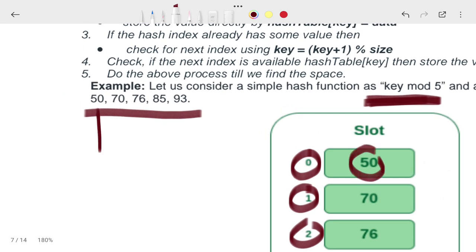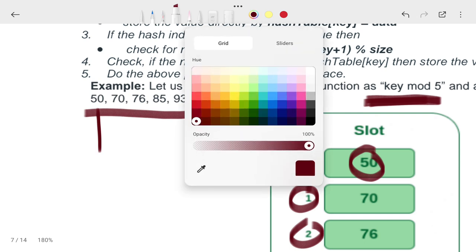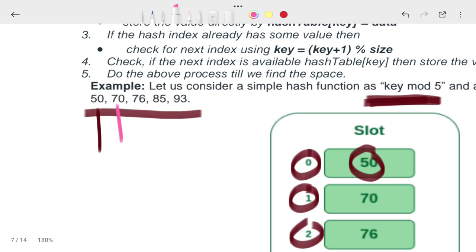I placed 50 here. Now next I am using another color. Next 70 divided by 5 means remainder 0, so I will place it in the next slot, because this is linear probing, not chaining.